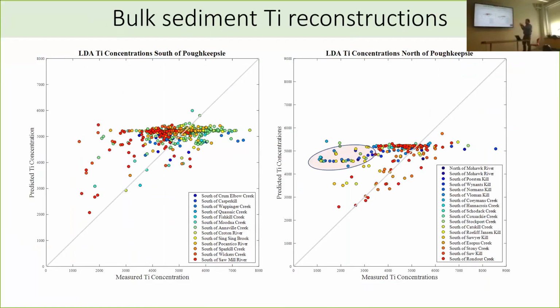This is all the sources together. So it's not just the titanium concentration of the tributaries that would limit this. It's the fact that it needs other tributary sources to reproduce other elements better. But again, we see the impact here is that a lot of these samples that fall far off the line are also from tributaries that have not been sampled.